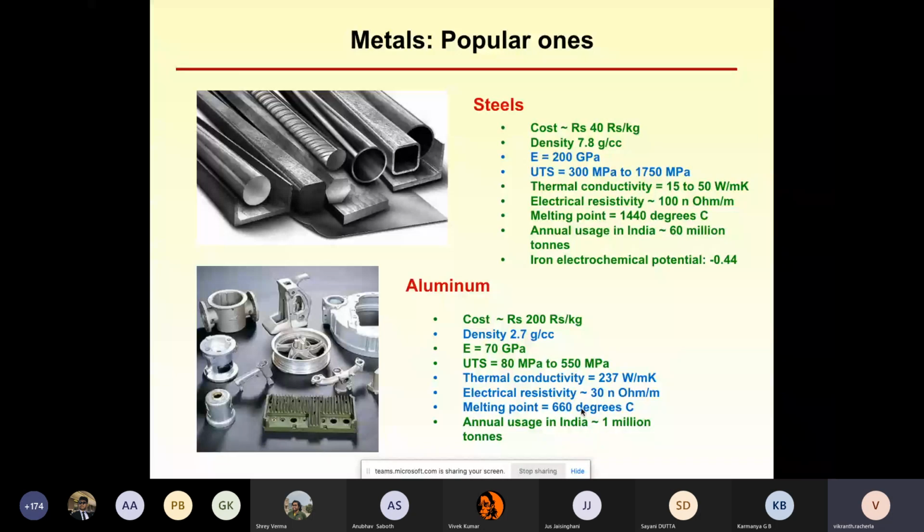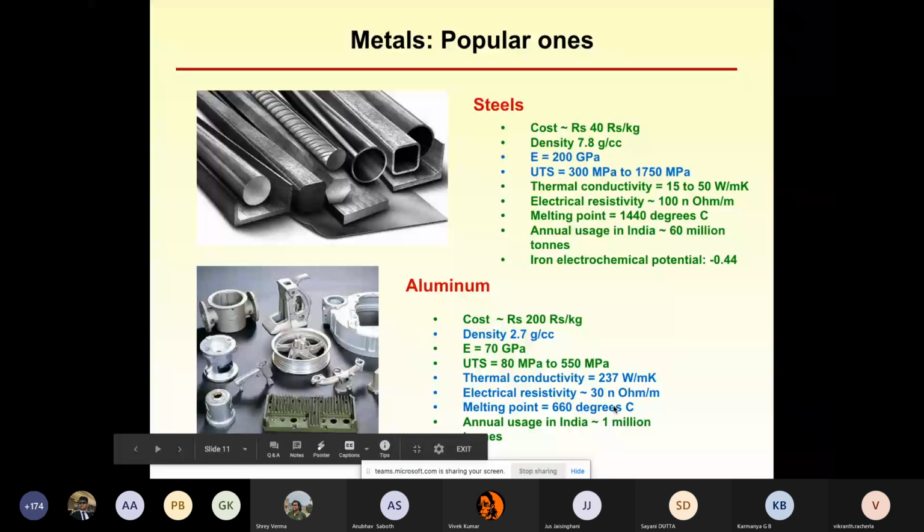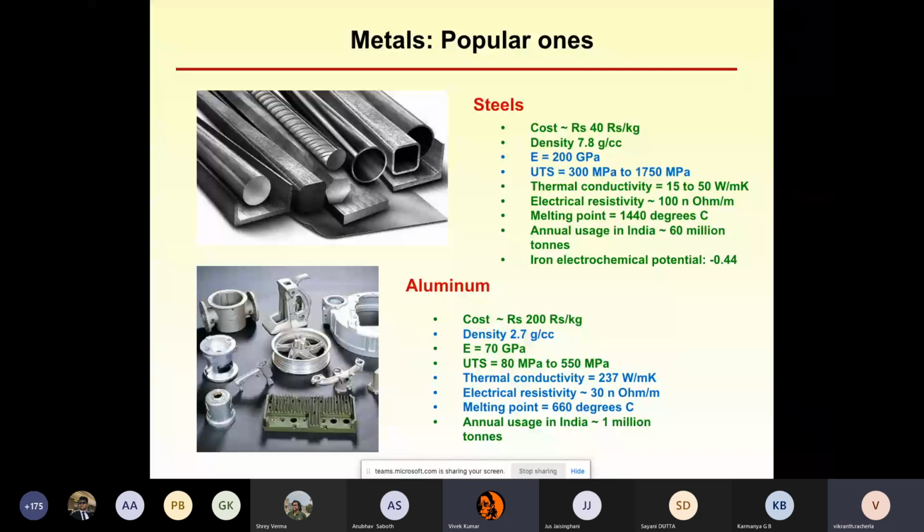Casting is easier with aluminium. Can you name some applications where this high thermal conductivity is used? Transmission lines, electrical transmission lines, wiring. In electrical transmission lines, you exploit the low electrical resistivity values.